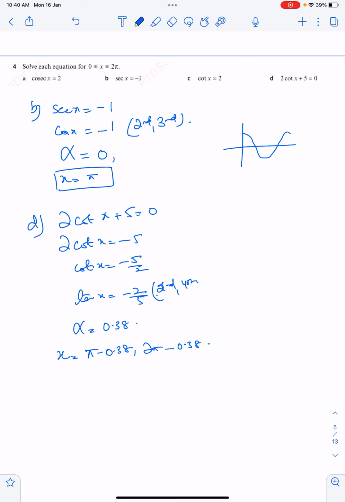Pi minus 0.38 is 2.76, and because these are angles in radians, 3 significant figures will be the rule for this. 2 pi minus 0.38 is 5.90 radians. Okay, so these are the two answers for this part.